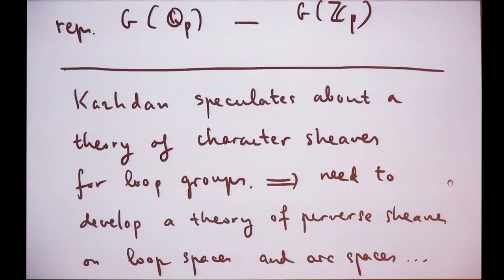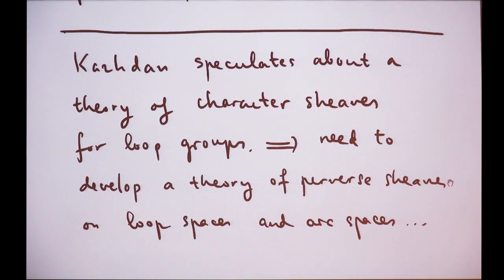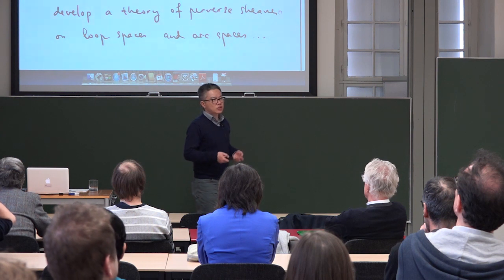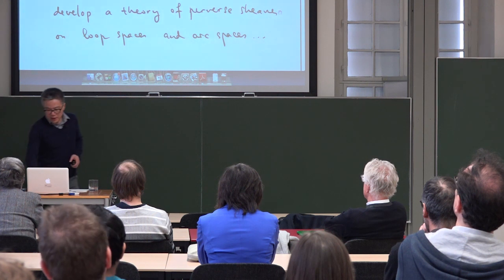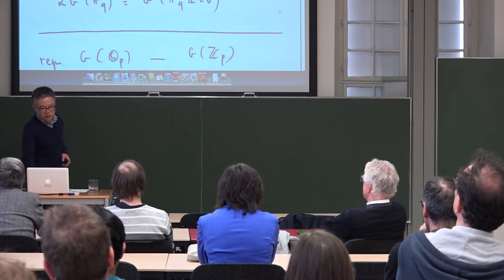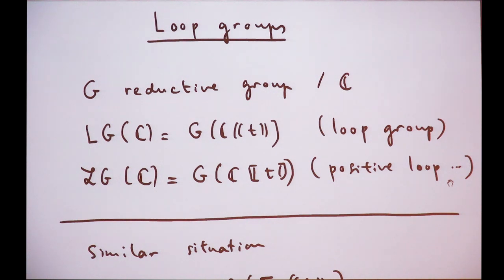And one of the main, it's not an idea, it's about a dream. So Kazhdan had this dream for many years back, and he really wants to construct character sheaves on loop groups, very similar to Lusztig on groups. So we want to construct character sheaves on loop groups. And here the big difficulty is the following. You really want to see LG as a group of infinite dimension, right?